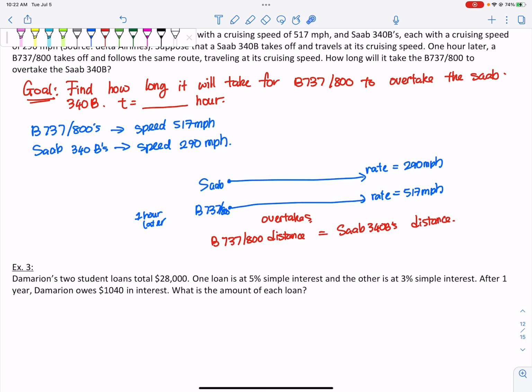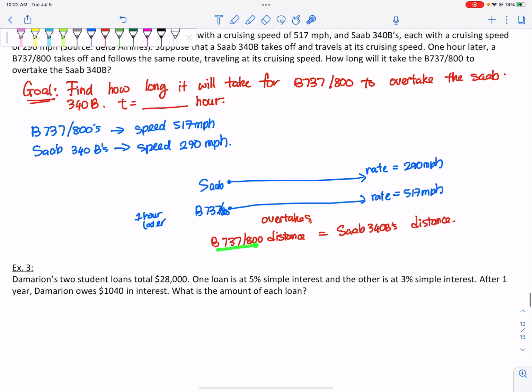So again, this problem involves rate, distance, and time. The equation to represent distance is equal to rate times time.